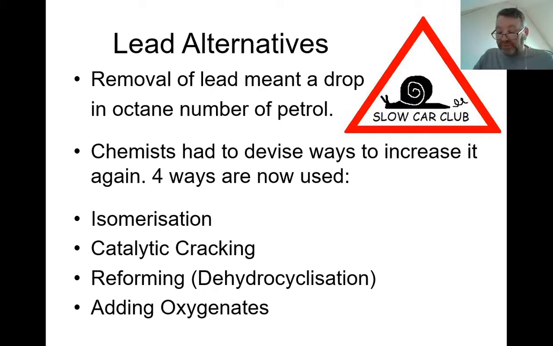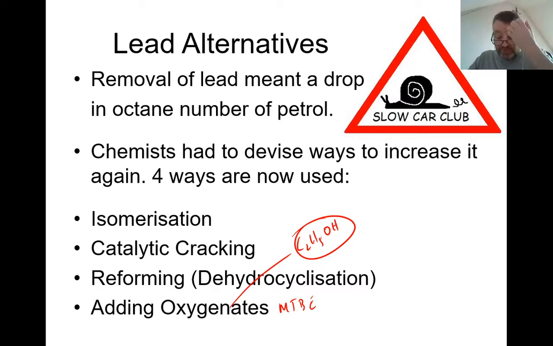The ethanol is C2H5OH. So it's an oxygenate because it contains oxygen. MTBE is the other one, which can also be used as an oxygenate. But anything that contains oxygen atoms, when it's added to petrol, brings the octane number up and makes it more efficient.